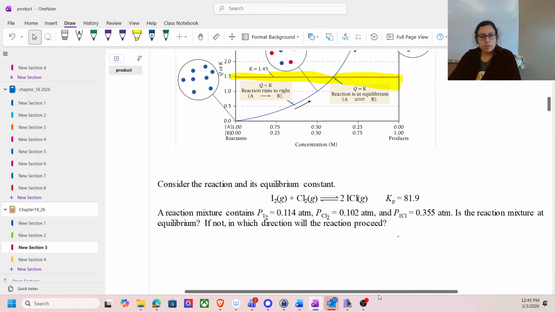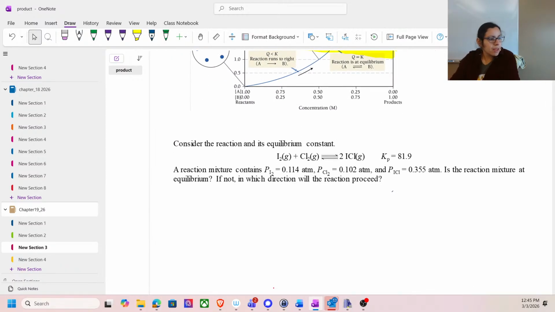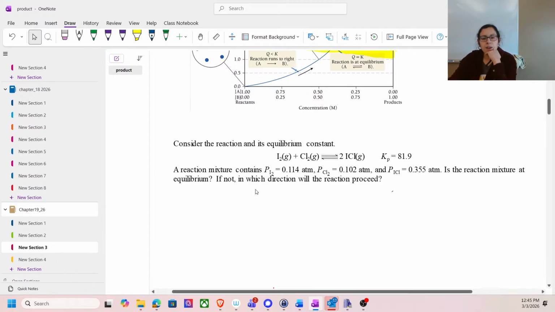All right, let's look at this. This will probably be our last practice for today. Looking at this reaction, we have iodine plus chlorine giving us iodine monochloride, and we're given the Kp of this, which tells us we're using partial pressures. We have our Kp of 81.9.